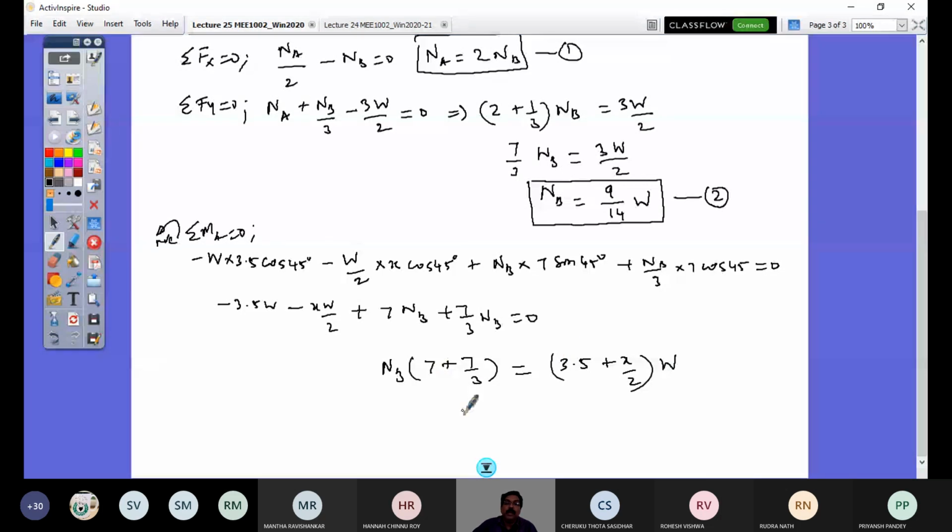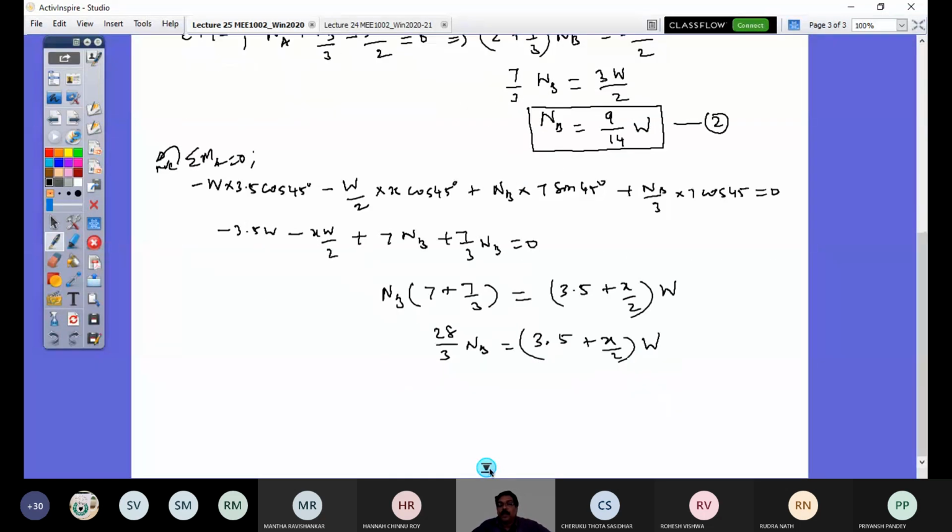So 28 by 3 NB equals 3.5 plus x by 2 into W. So NB equals 3 by 28 into 3.5 plus x by 2 W. So that's equation number 3.